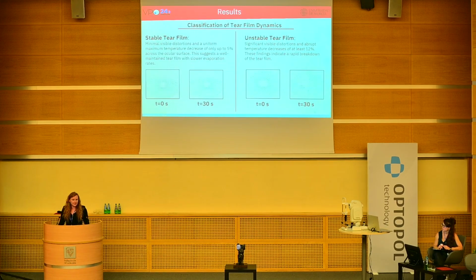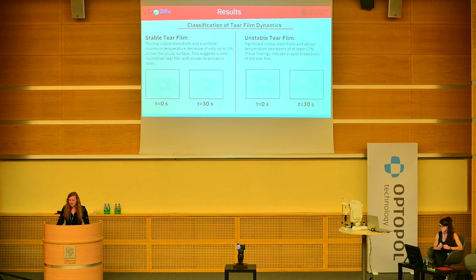To clarify these two general behaviors in more detail, take a look at these two examples. In the stable case, on the left, a minimum visible distortion of the placido disc is observed. This is paired as well with a uniform maximum temperature decrease of the same region of interest of only up to 5%.